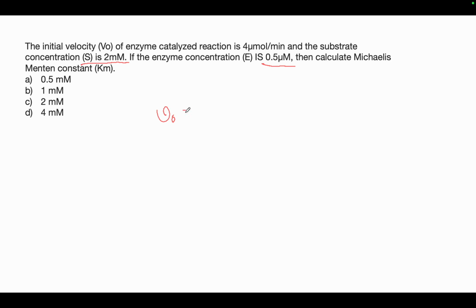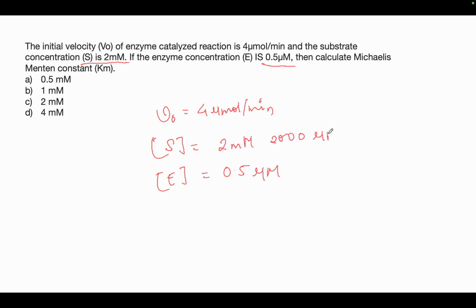So we have initial velocity 4 micromole per minute, substrate concentration 2 millimolar, and enzyme concentration 0.5 micromolar. We can convert this into micromolar only, so this will become 2000 micromolar, from milli to micro. And we have to calculate Km.